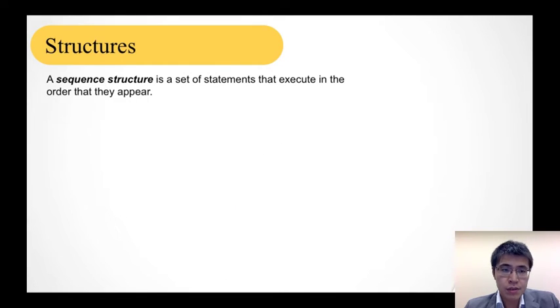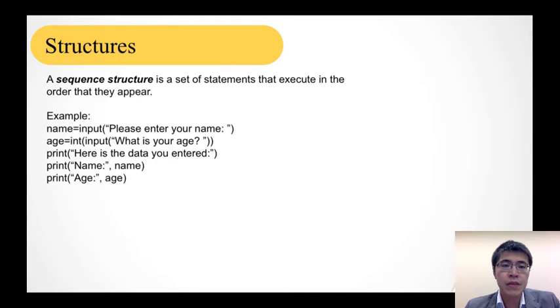Sequential structure. A sequential structure is a set of statements that execute in the order that they appear. What does this mean? Let me first give you one example. Let's see this Python code example. We have 5 lines. In the first line, we write name is equal to input, please enter your name.